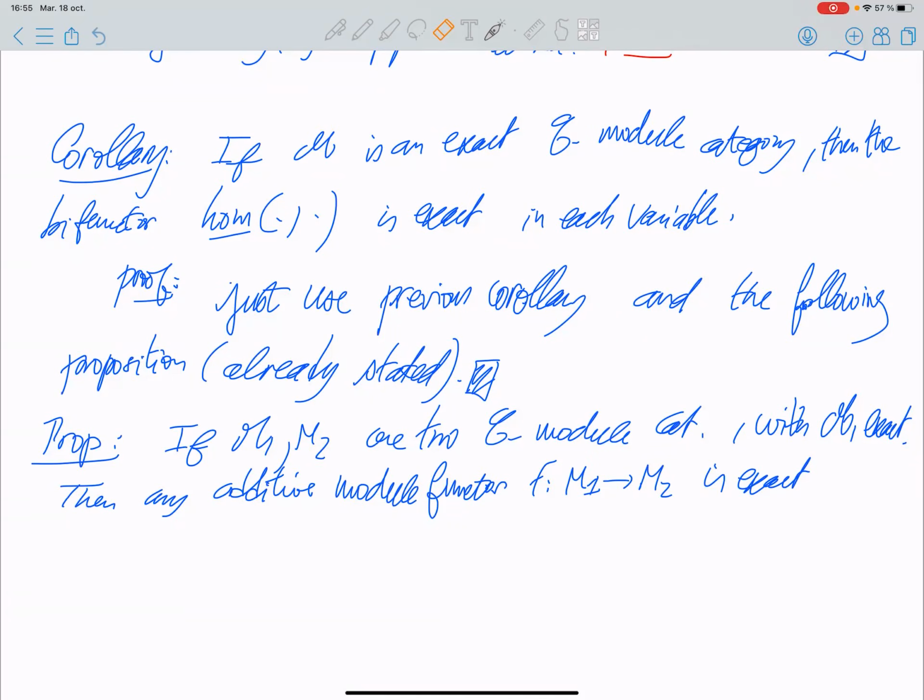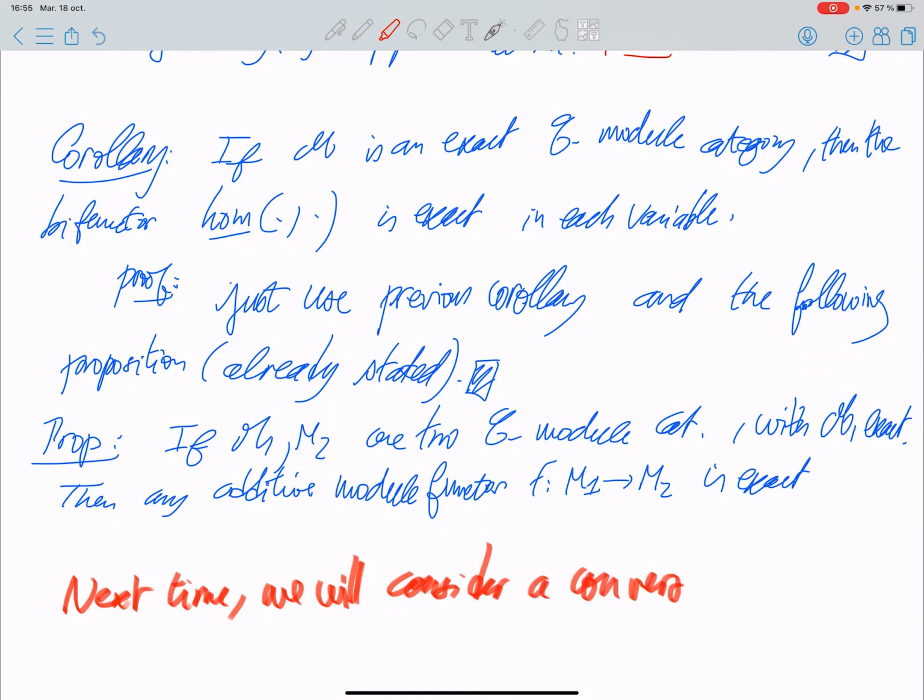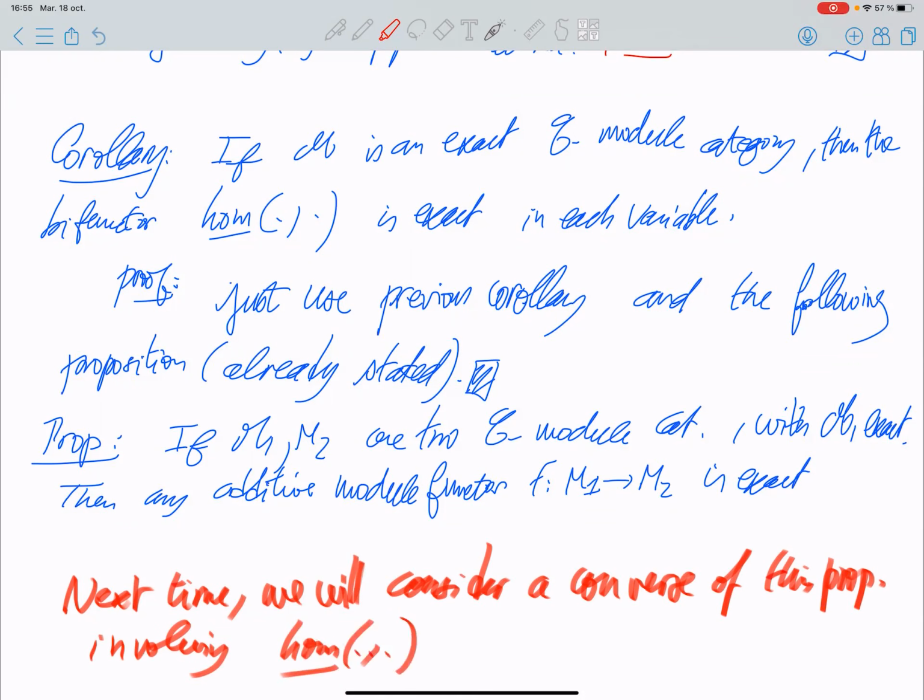So next time we will consider the converse of this proposition involving internal Hom. By involving, I mean the proof involves internal Hom. Okay, so we can start.